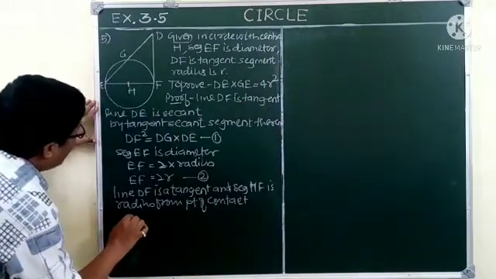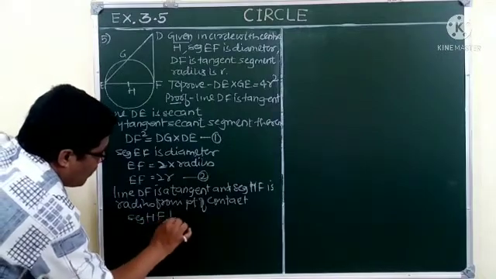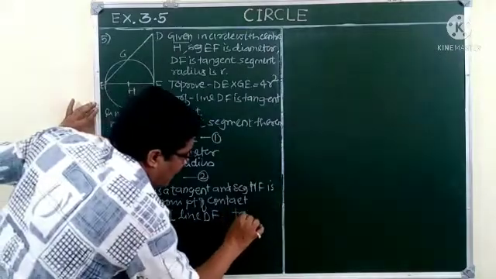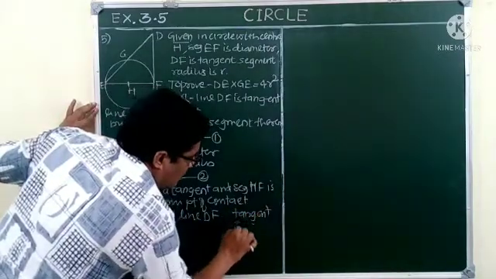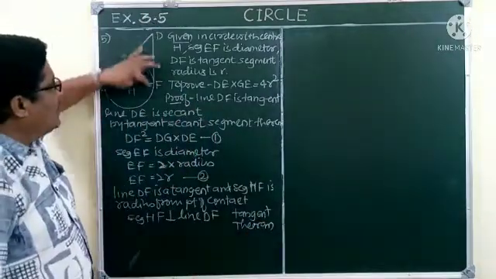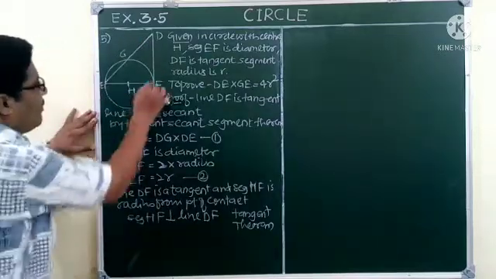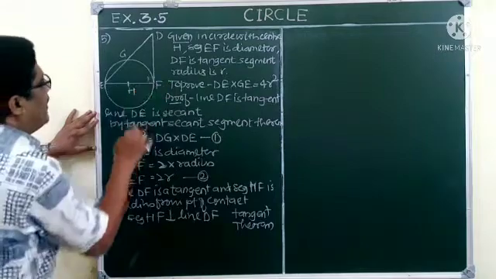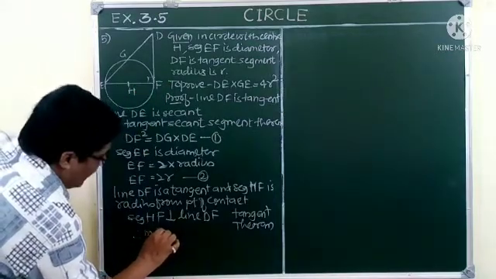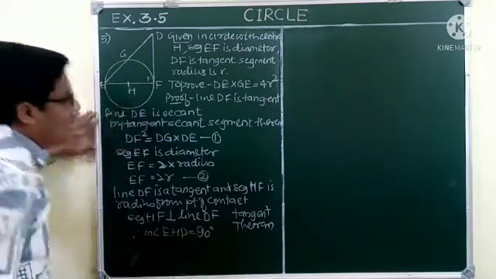Therefore here we can write segment HF perpendicular line DF. This is by tangent theorem. Tangent theorem काय सांगतो तर tangent and radius from the point of contact are perpendicular to each other. So here we got that this angle is right angle. So therefore we can write measure of angle EHD is equal to 90 degree.